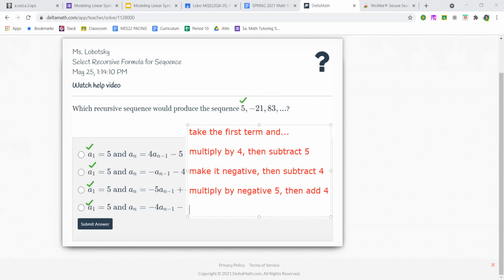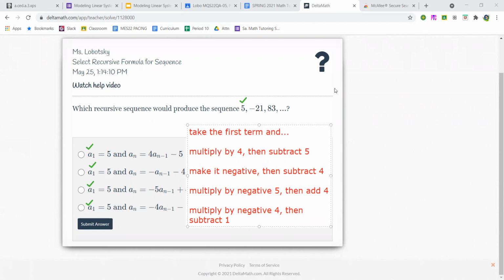And the last one is multiply by -4, then subtract 1. So now let's see which one makes sense, right?